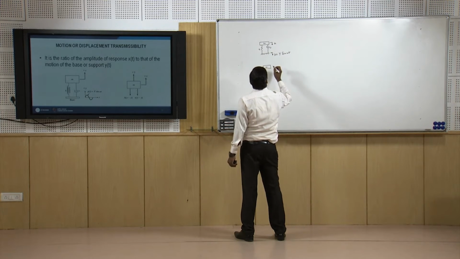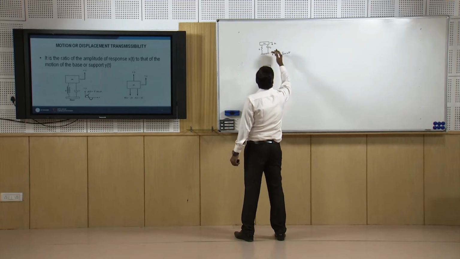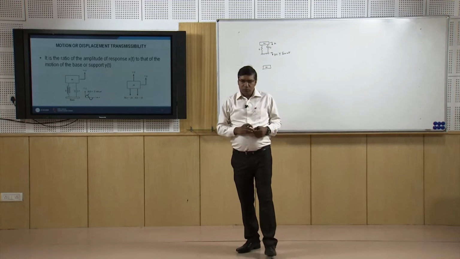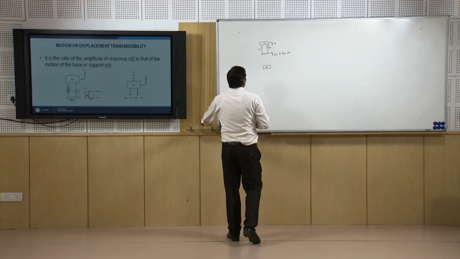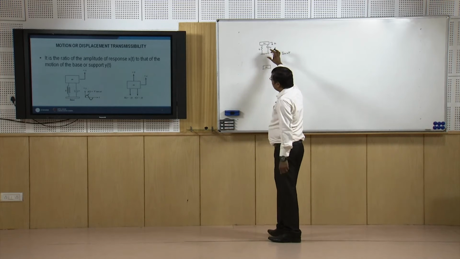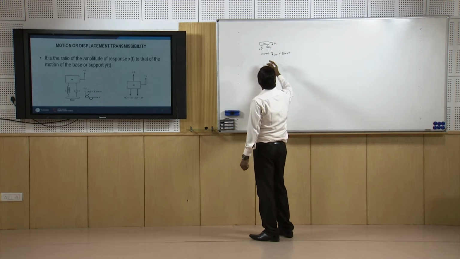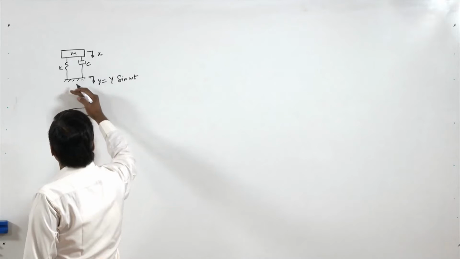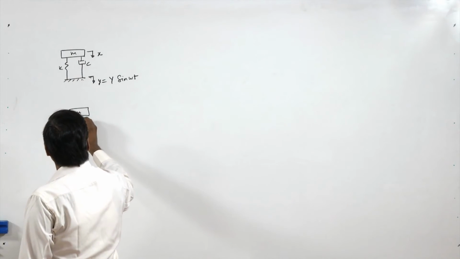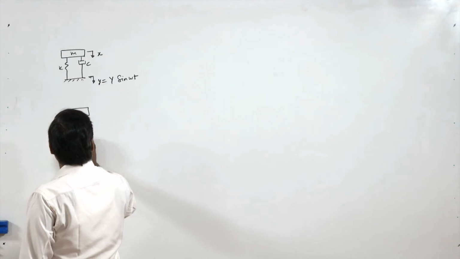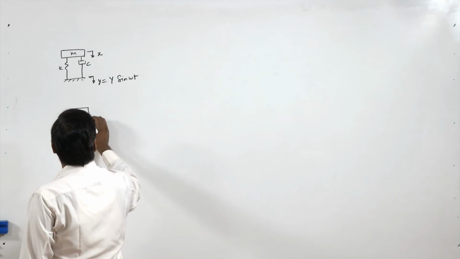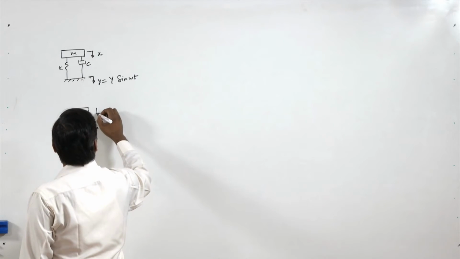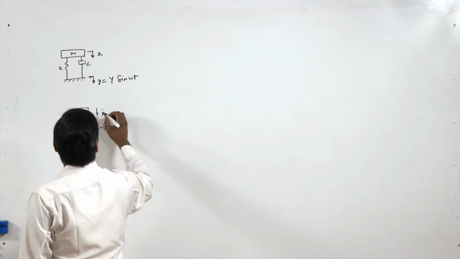So this is the mass, and because this spring will be compressed by x minus y, the net force on this spring is k times (x minus y), and similarly the damping force is c times (x dot minus y dot), and here this is x double dot.